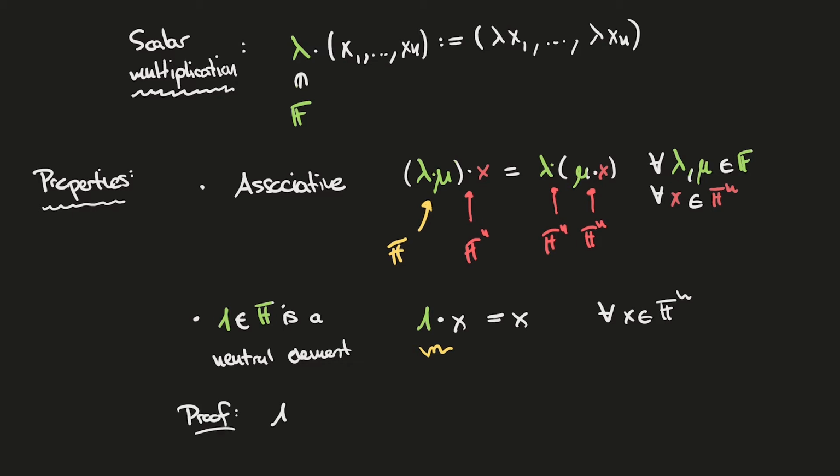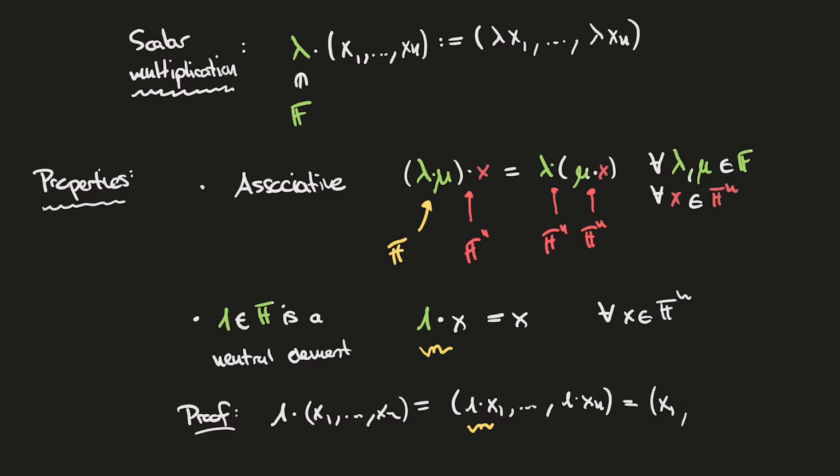So if we take 1 times some element (x1 up to xn), then by definition, this is just (1 times x1) and so on up to (1 times xn). And now what's happening here is that we have multiplication of an element x1 in the field with the neutral element 1 in the field, and so this just gives back x1.